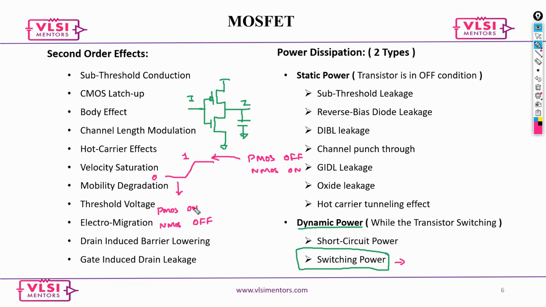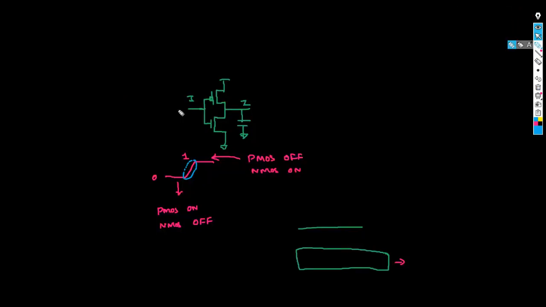Now if you look at the sequence, during this transition, what actually happens? Your PMOS is going from on to off, and NMOS is going from off to on.